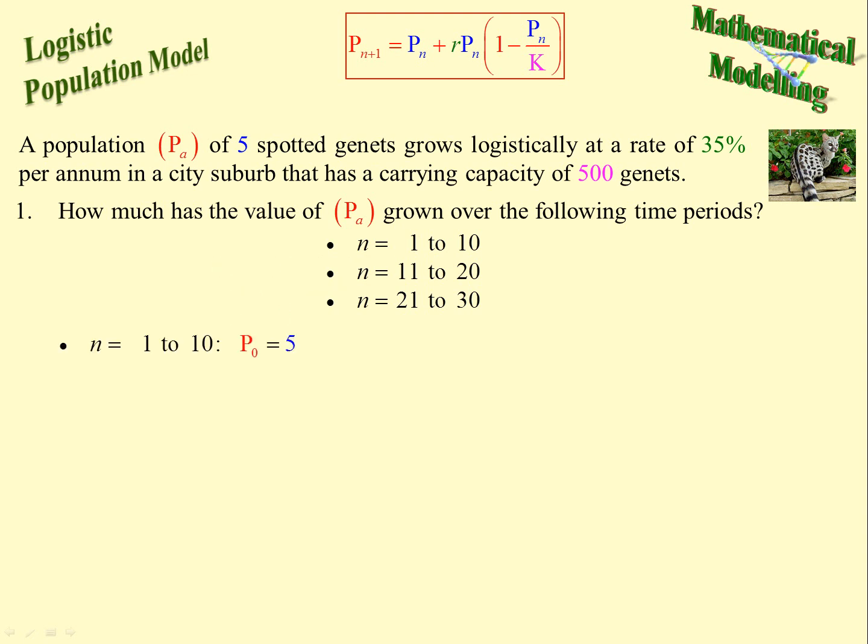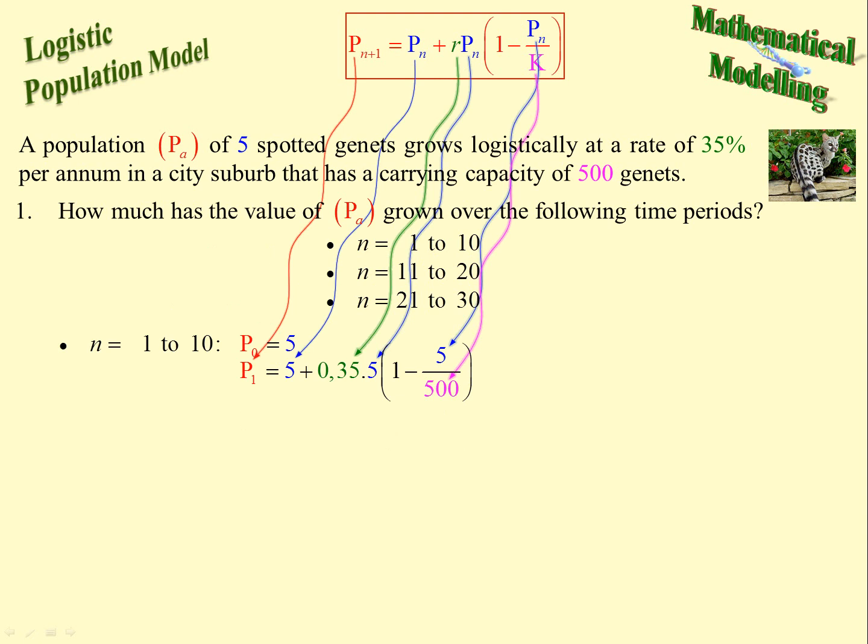Well, P0 is 5. We apply our formula. It's color-coded within the question to the formula, and that can indicate our substitution. Notice that Pn is substituted 3 times.